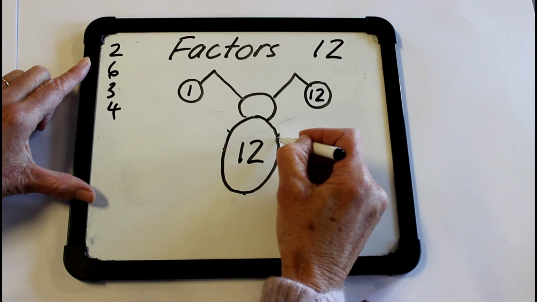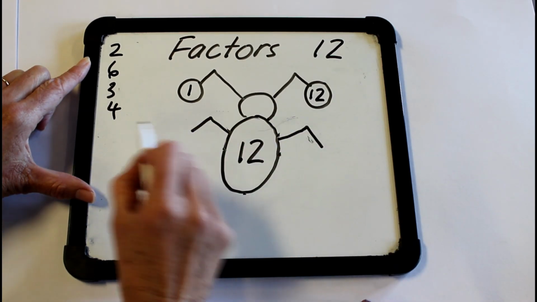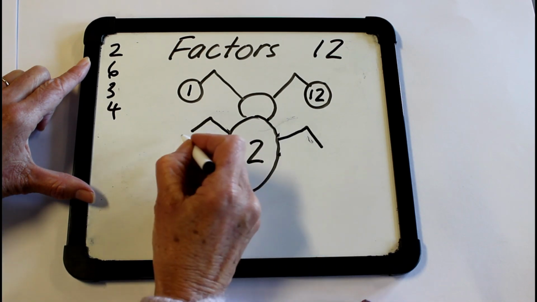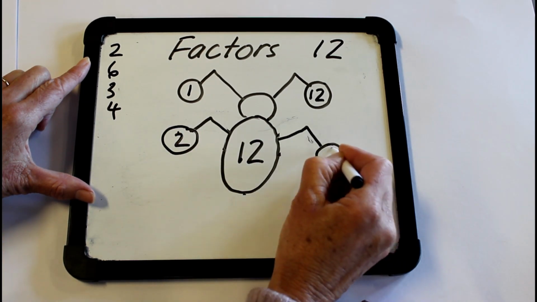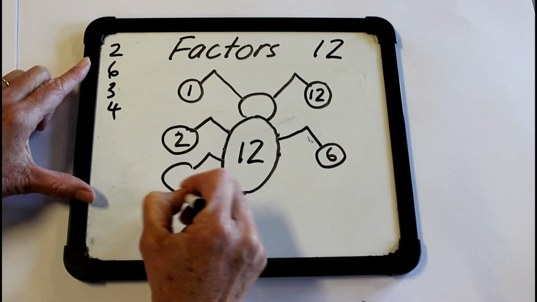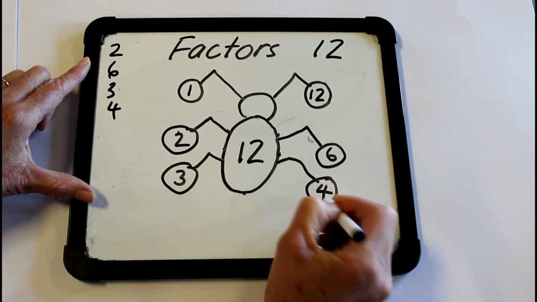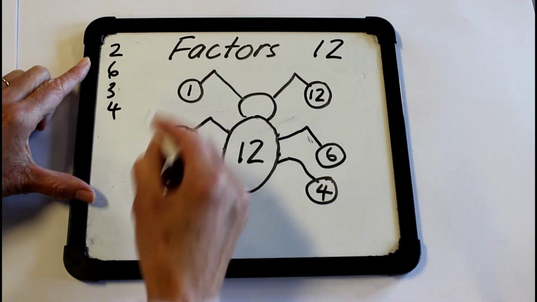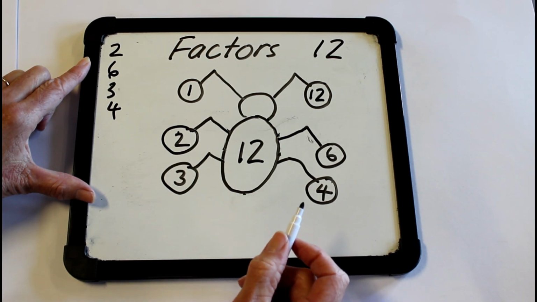So let's put some legs on here. I'm going to put opposite sides for different combinations that make 12. So I know that 2 and 6 make 12, so 2 times 6 is 12. I know that 3 and 4 make 12. This is my finished factor bug for the number 12.